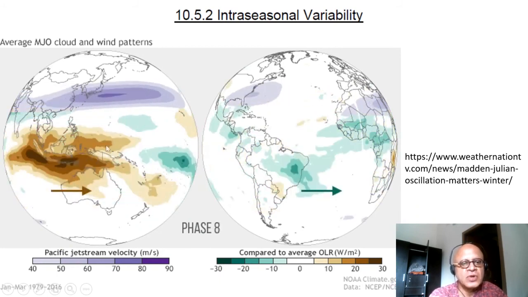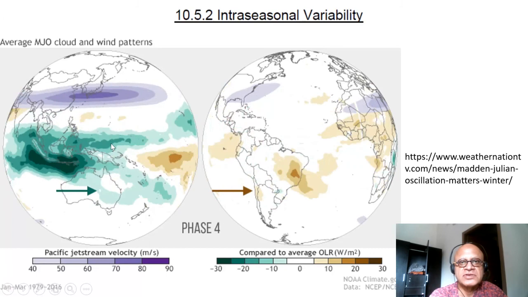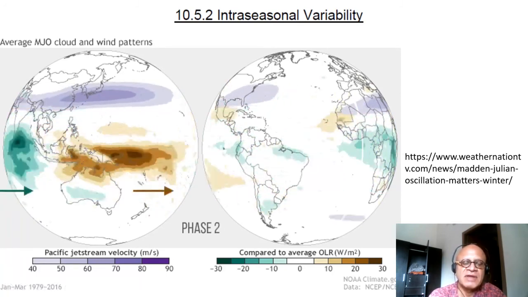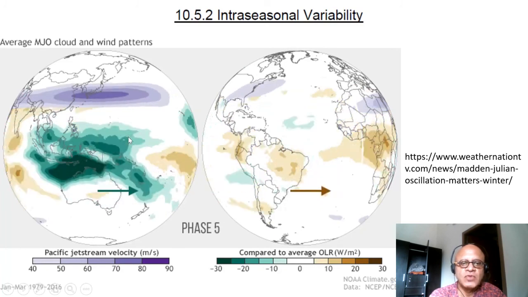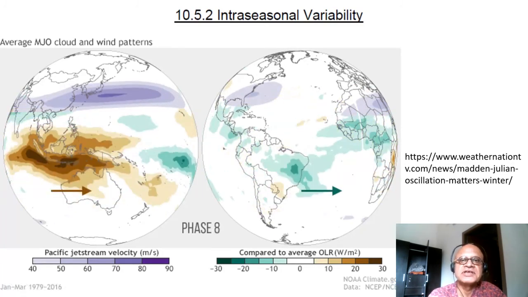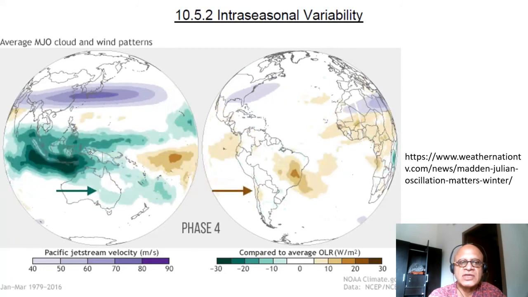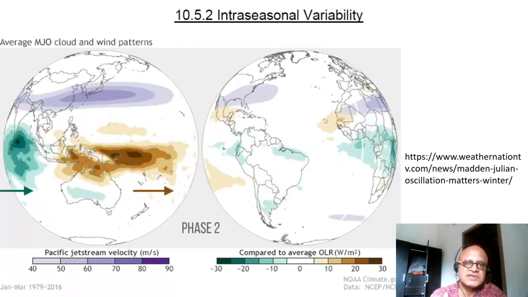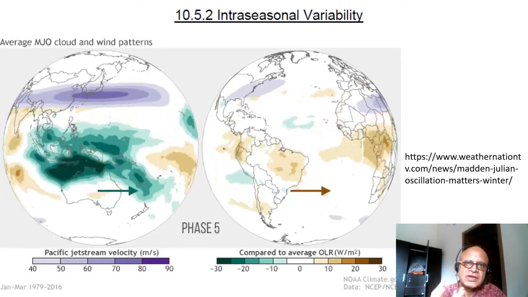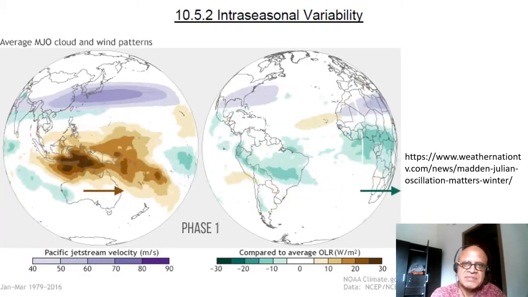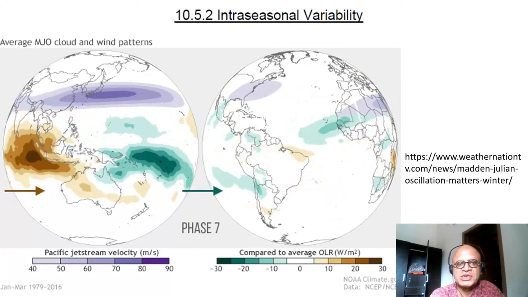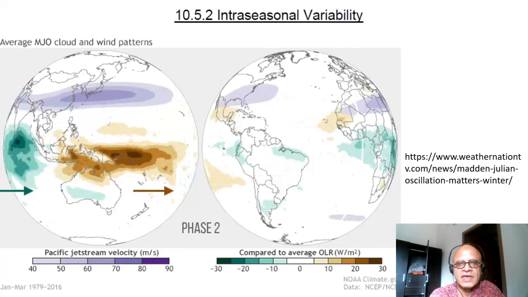But also we remember that the MJOs are associated with Kelvin waves and Rossby waves and Rossby gravity waves. So those waves are also associated with cyclogenesis. So the convective phase again can produce mesoscale convective systems, moisture loading, potential vorticity maximum, reduced Rossby radius of deformation, but also provide waves.